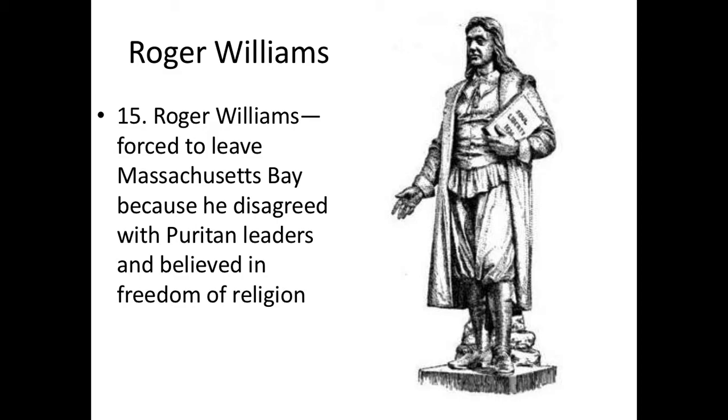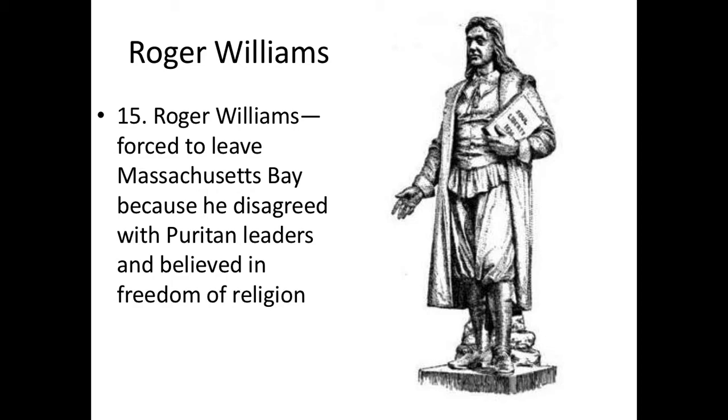Now, he really did not disagree with the theology or what the Puritans believed religiously. He just thought that people should be allowed to practice whatever religion they wanted. And the leaders in the Massachusetts Bay Colony would not allow for that. They wanted everyone in Massachusetts Bay to be a Puritan.